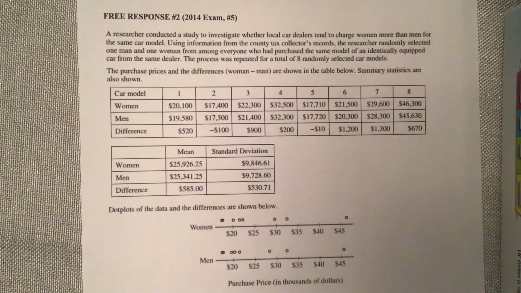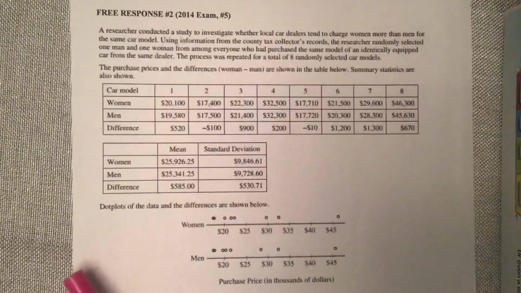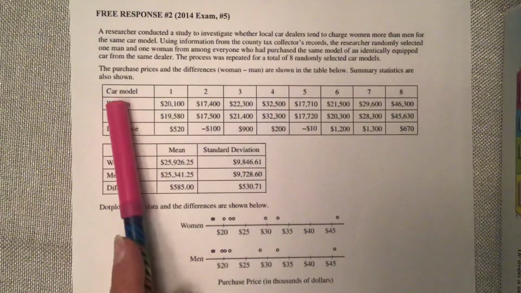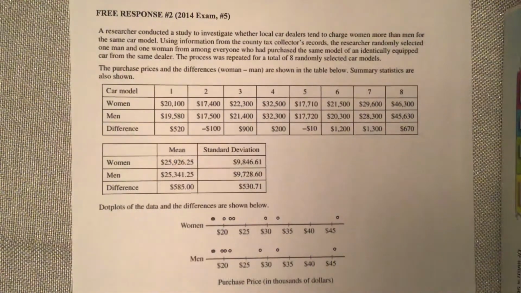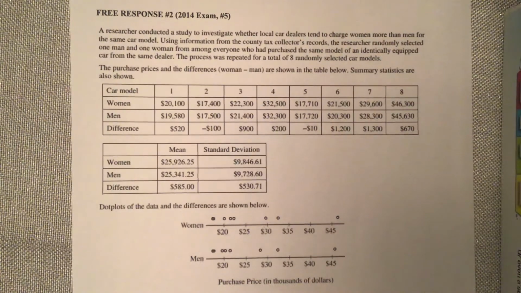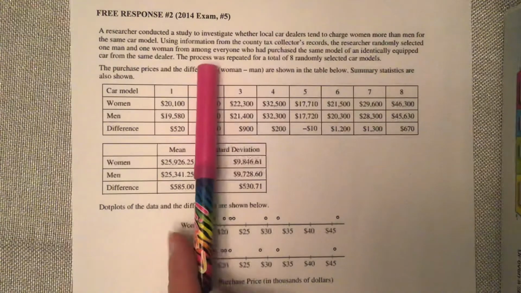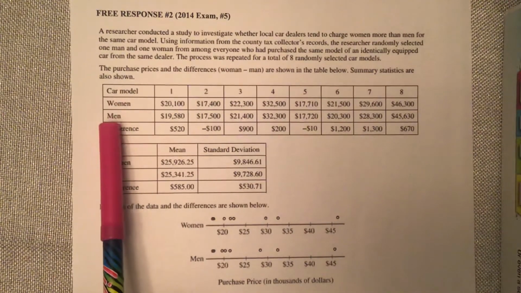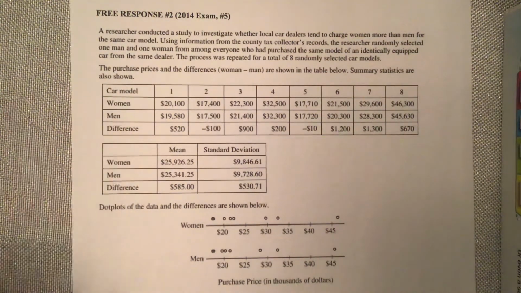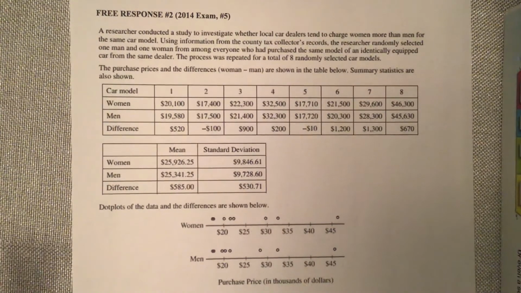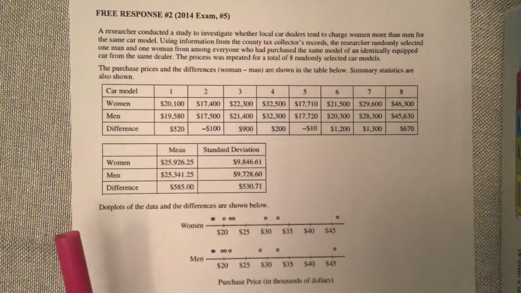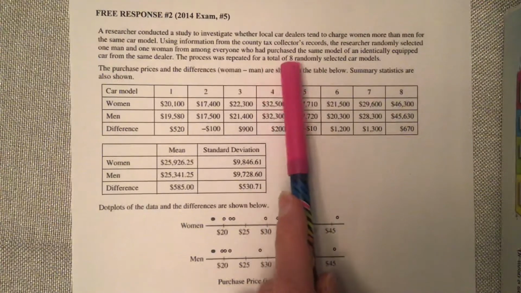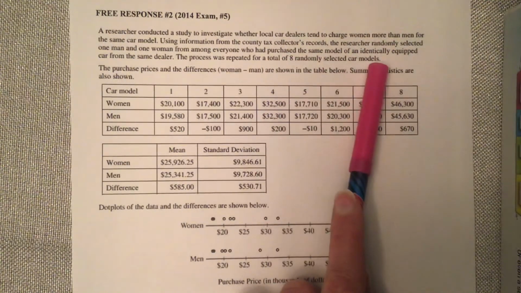Okay. So a lot of people, when you initially see this problem, would jump to 2 sample because you see, oh, we're just comparing the men and the women and we're just going to get the differences. So the reason that this is a matched pairs as opposed to a 2 sample is because of what they say right here. You're not taking a random sample of women and then a random sample of men. If I took a random sample of women and a random sample of men and then compared how much they paid for cars, that would be a 2 sample. The reason this is matched pairs is because I'm randomly selecting 8 car models.